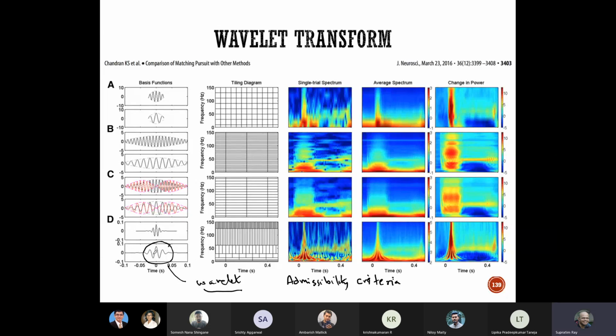So think of this as a basis function, much like this one. Okay, so this is a basis function, so is this. And this is going to be occupying some space here like this. So it has some duration. So it is stretched in time with, let's say, this 100 millisecond duration, and it has some frequency.